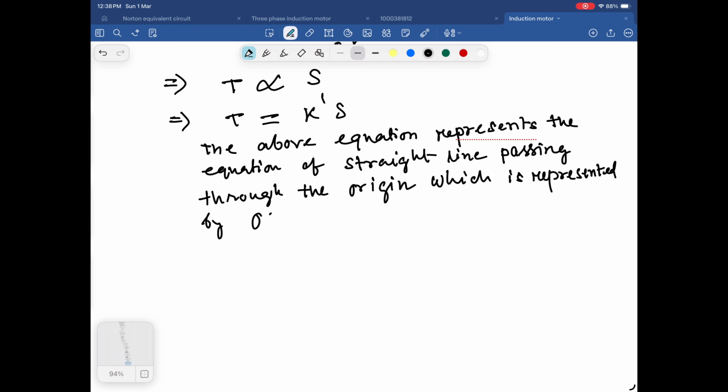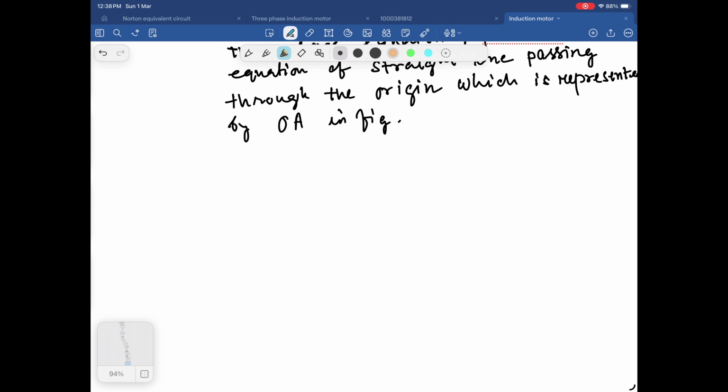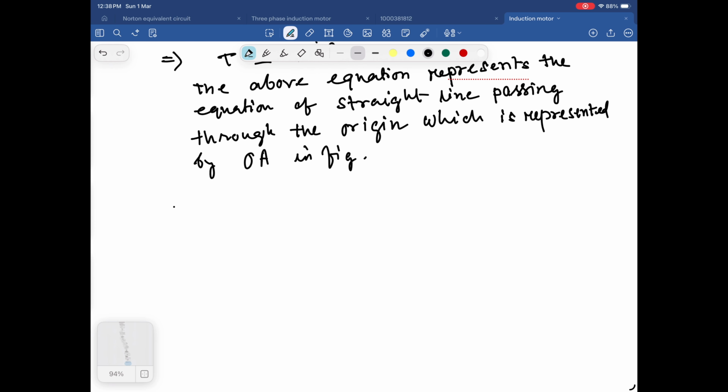Initial portion is a straight line OA. Now next we have to consider the other thing.